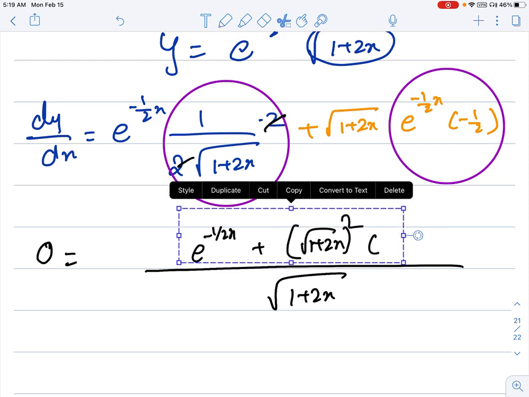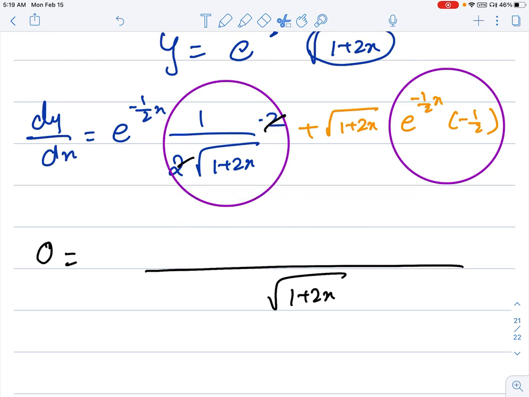First I write it properly: e to the power of minus half x plus square root of 1 plus 2x whole square, then e to the power of minus half x and minus 1 upon 2. So this is a common denominator.